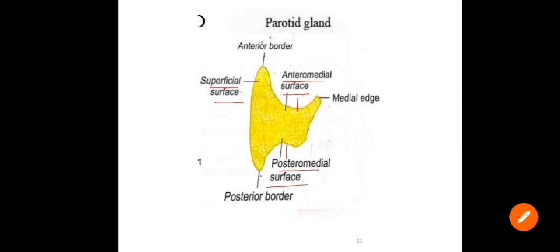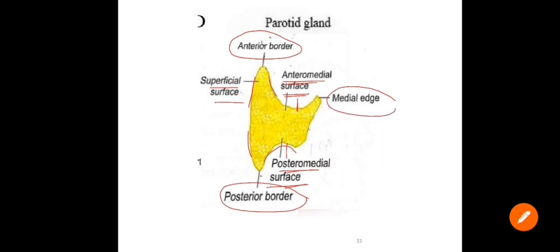Now the border that separates the superficial surface from the anteromedial surface is called the anterior border. The border that separates the posteromedial surface from the superficial surface is called the posterior border, and the border that separates the anteromedial surface from the posteromedial surface is the medial border, this portion.